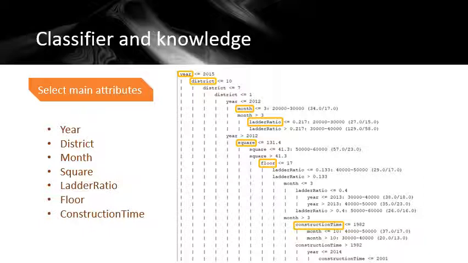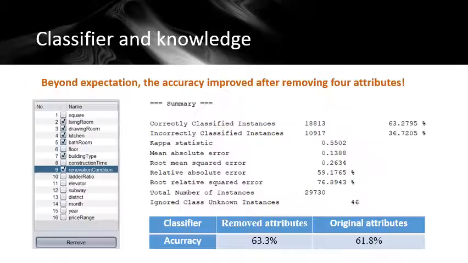The year, district, month, square, light ratio, floor, and construction time are the important attributes in the top rank. So we tried to remove 6 attributes, which are shown in this figure on the left side, and the accuracy improved after we did this operation. And this result is beyond our expectation.